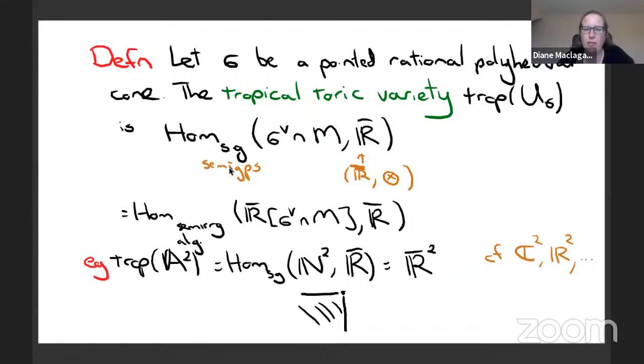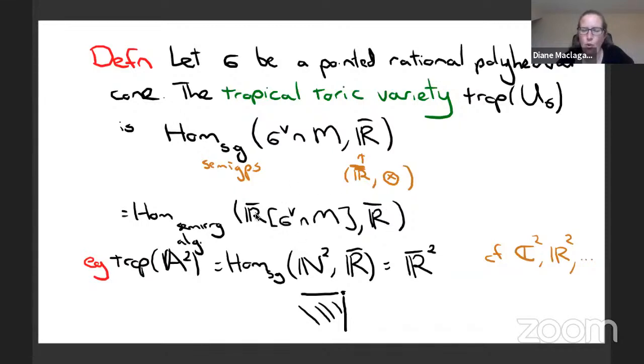Since I'm looking at homomorphisms of semigroups, before I said C with multiplication, so now I'll say R bar with tropical multiplication. This is the same as asking for homomorphisms of semi-rings from R bar join sigma dual intersect M into R bar.